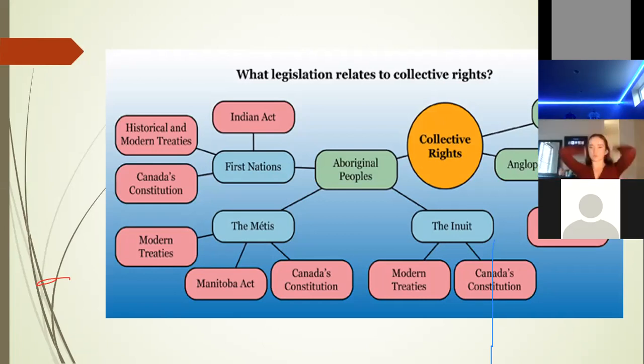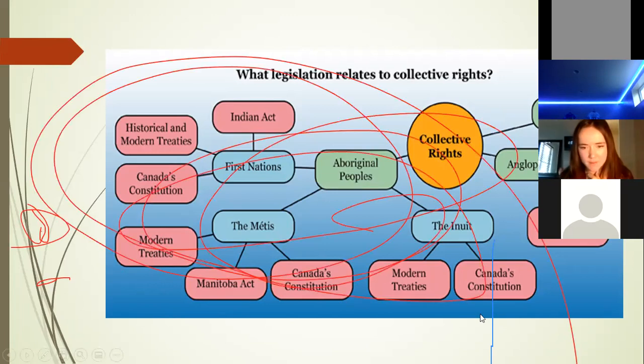So Tara, when you look at this mind map here, the legislation acts are all in pink. Which legislation do you see that affects all of our groups of people? The Francophones, the Anglophones, and the Aboriginals.